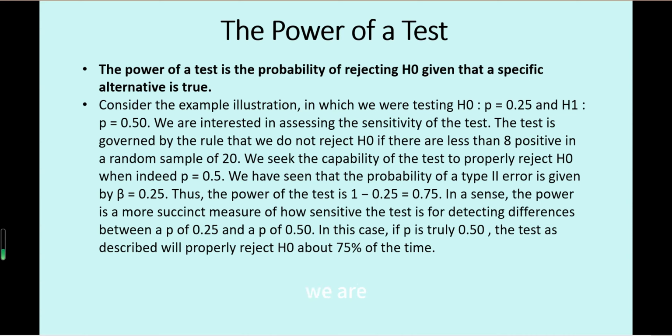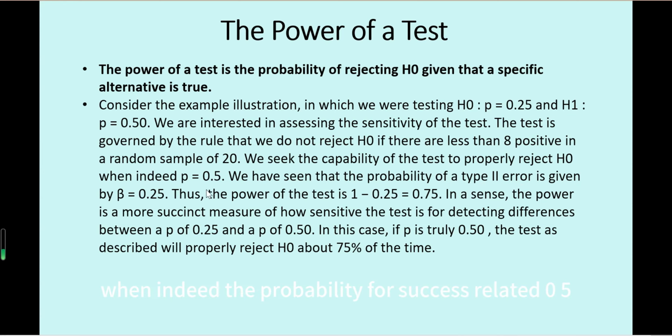So we are interested in assessing the sensitivity of the test, which is related to the power of the test. Currently, the test is governed by the rule that we will not reject H0 if there are fewer than 8 positives in a random sample of 20.